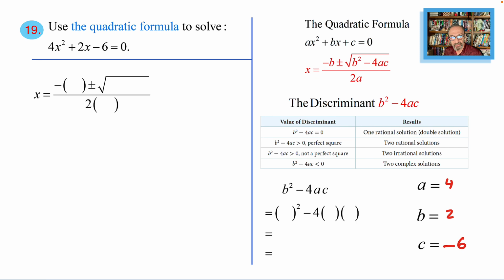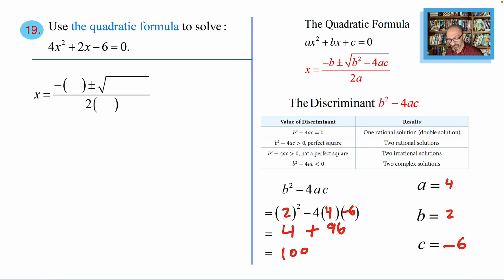Looking for the discriminant, which is b squared minus 4ac. b squared would be 2 squared. 4 times a is 4, times c is negative 6. 2 to the second is 4. Negative 4 times positive 4 times negative 6 is going to end up positive. 4 times 4 is 16, times 6 is 96. 4 and 96 is 100.